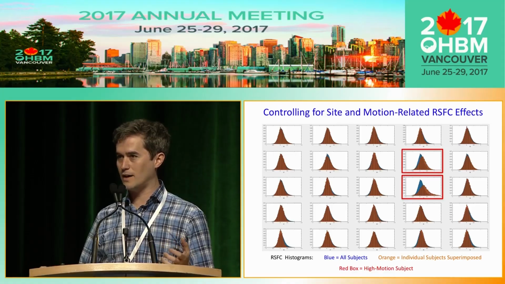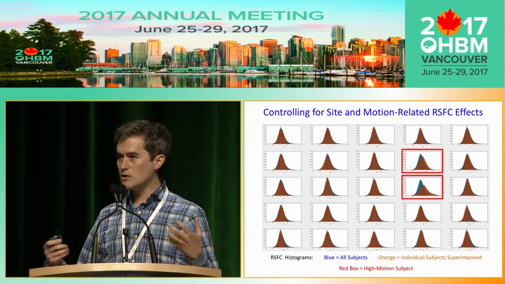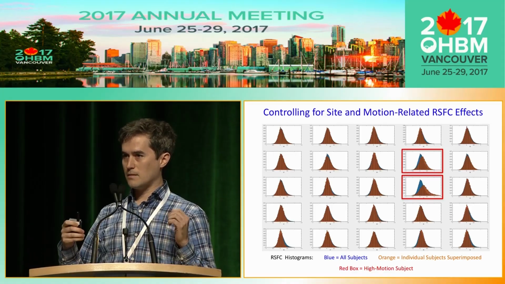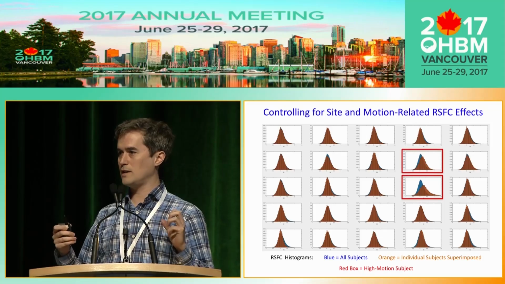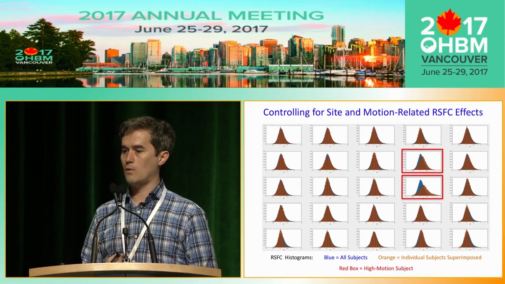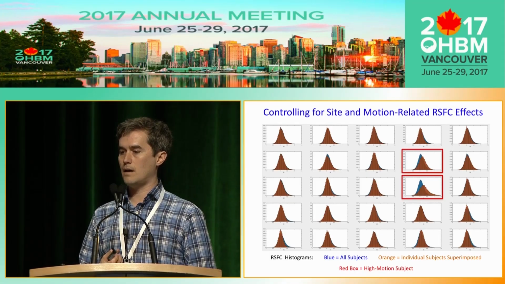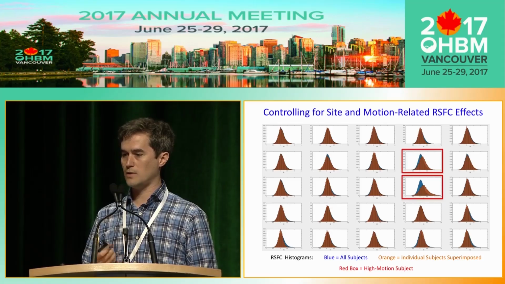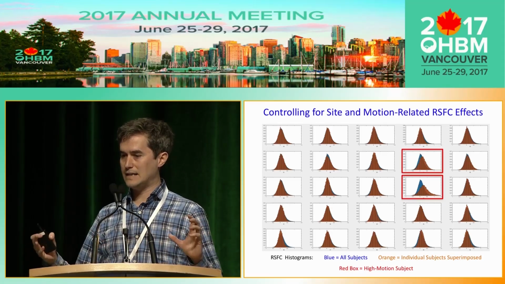I'd really encourage everyone who's maybe new to this field to take some time to manually, visually inspect all of the data that you want to analyze. What you see here are just histograms of the correlation coefficients between regions of interest spanning the entire brain.